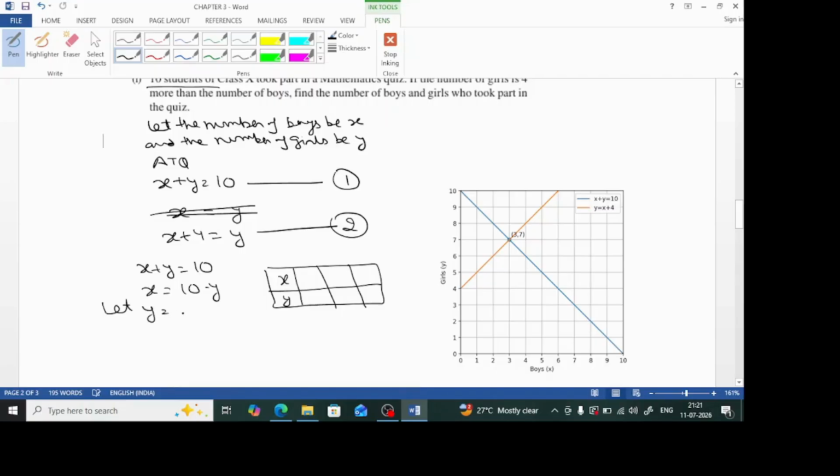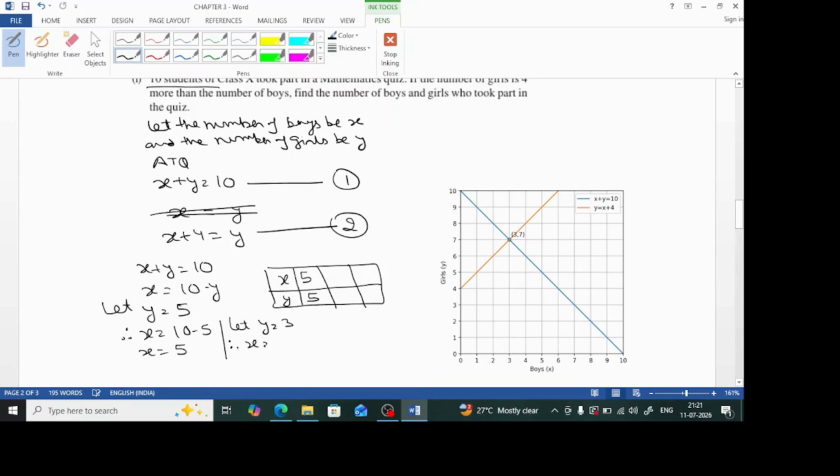Let y be equal to 10, our x will become 0. Let us take y as 5. Therefore x will be 10 minus 5, so x will become 5. If our y is 5, x will also become 5. Now let y be equal to 3.